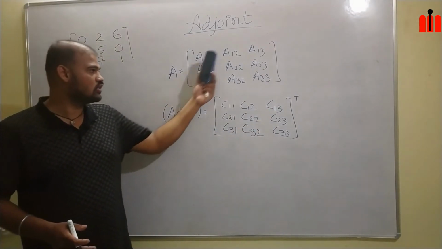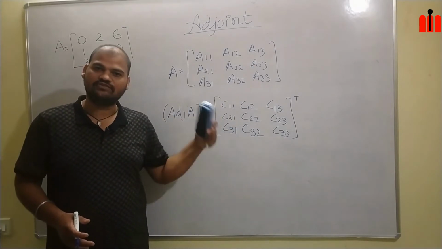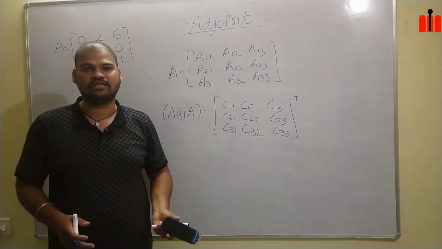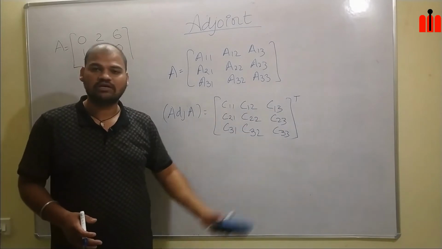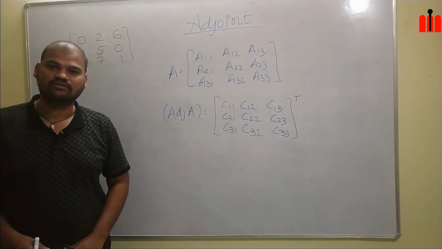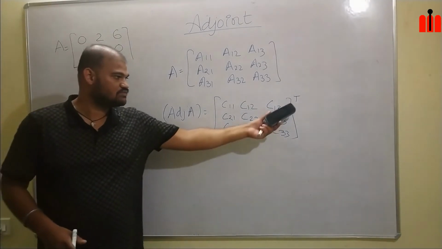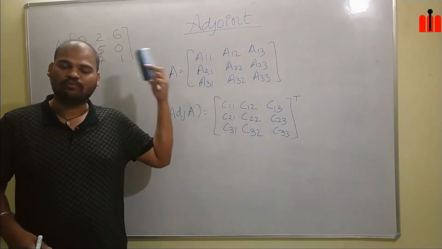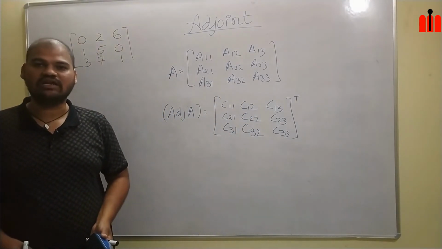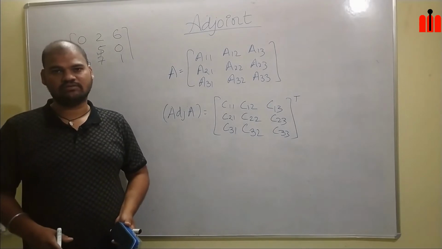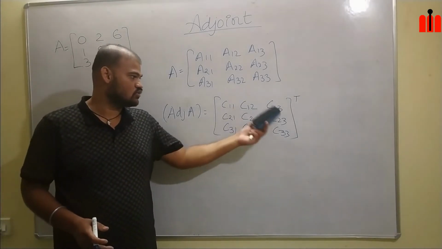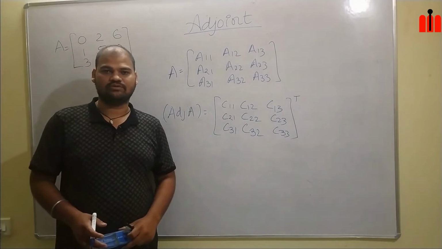We will find the cofactors, which we had discussed earlier in this lecture, and we will transpose it. For the transpose operation, go through our earlier detailed explanation class. So it is cofactors transpose.